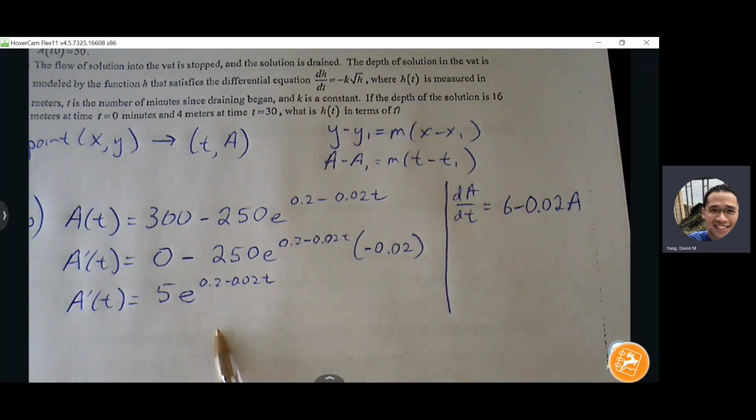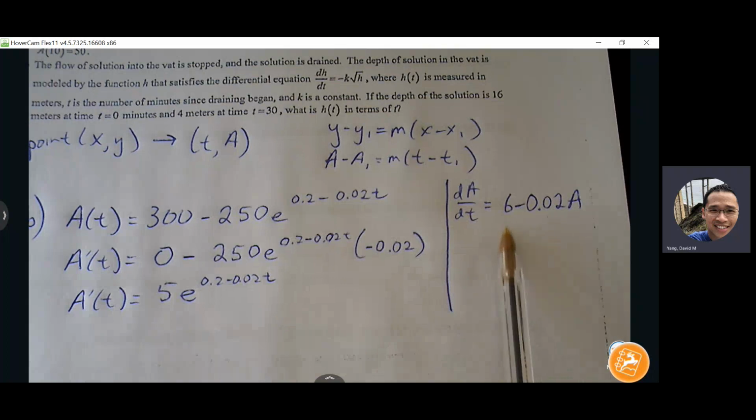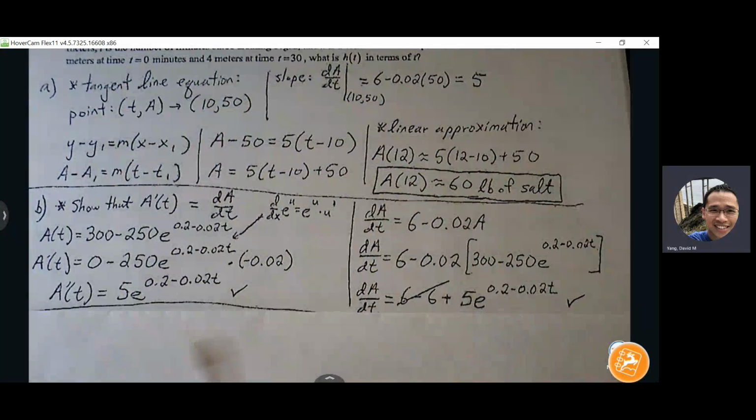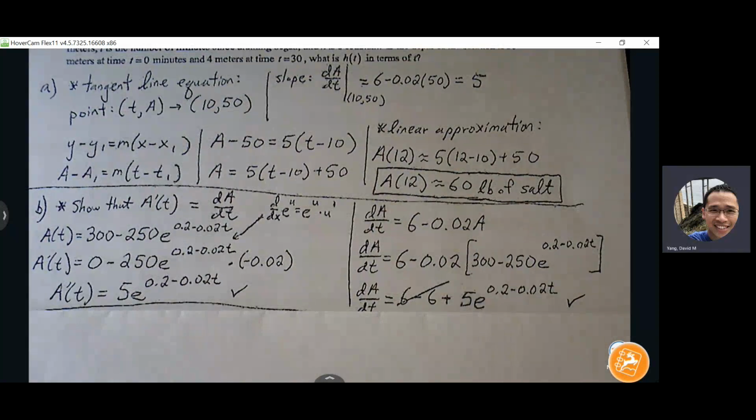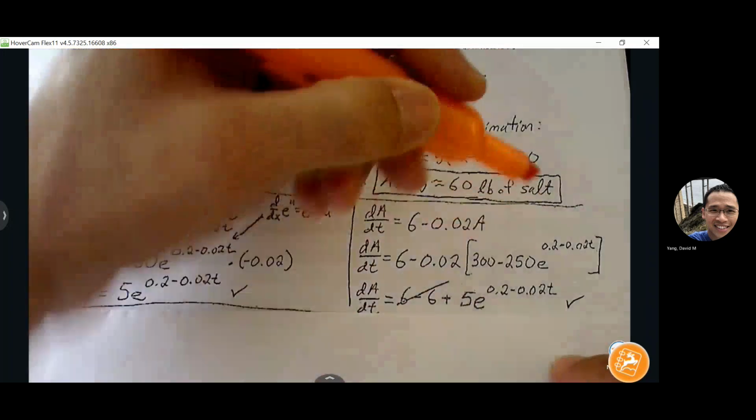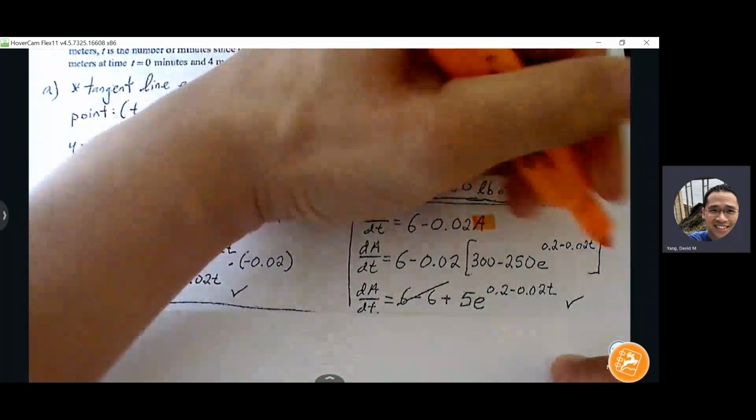So I've worked from A of t to A prime, and now I just want to get that dA/dt to look the same. So I replaced that A with that expression in terms of t.